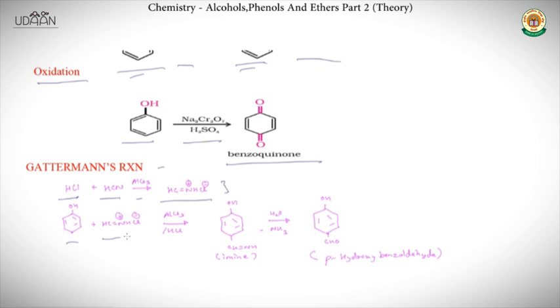And then when this is reacted in presence of AlCl3 and HCl, we get an imine, in which CH=NH is attached over here, and phenol is there and is attached at the para position. And then when we hydrolyze it, we get an aldehyde instead of an amine, which is para-hydroxybenzaldehyde.